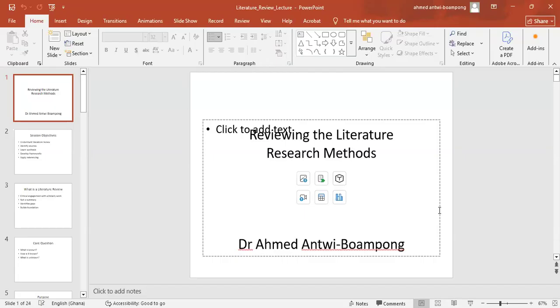So that by the end of this session, you should not only understand what a literature review is, you should understand how to think like a researcher when engaging very well with your literature.